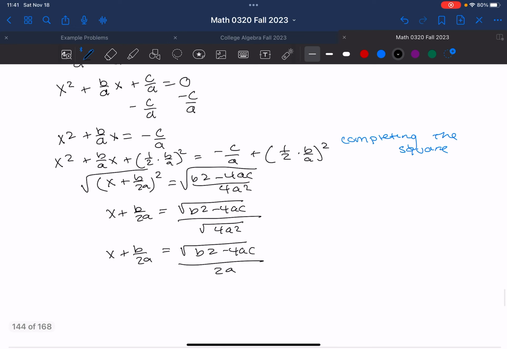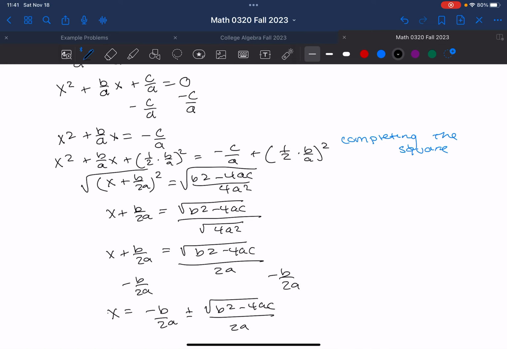Lastly, what they did is they subtracted that b over 2a from both sides. And they got x is equal to negative b over 2a plus or minus the square root of b squared minus 4ac over 2a.